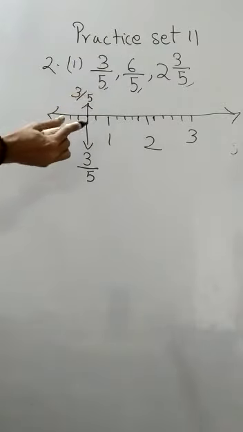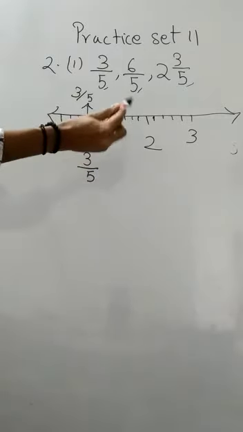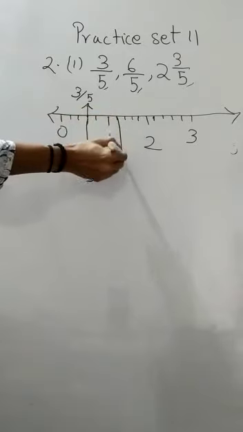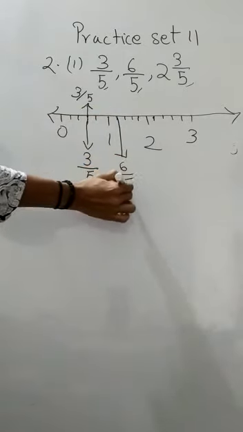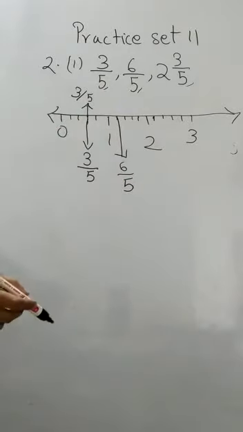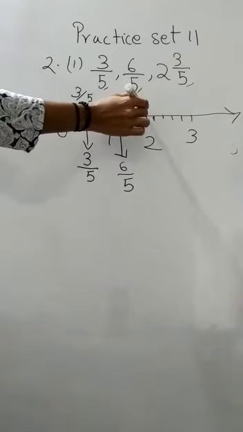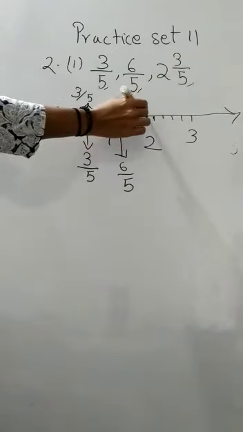Next is 6 by 5. 1, 2, 3, 4, 5, 6. So you have to count, and this will be 6 by 5. Okay. See, next one. 2 and 3 by 5. 2 and 3 by 5 means 2 is the whole number, then after 2, a 3 by 5. This is 2.